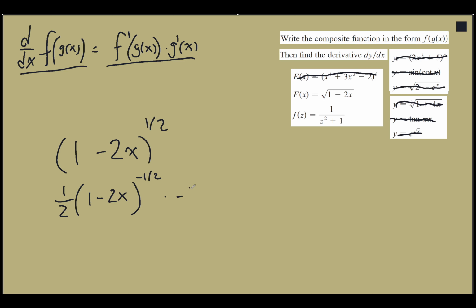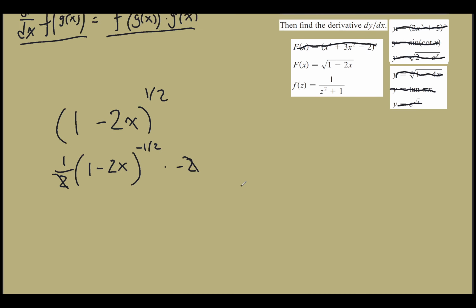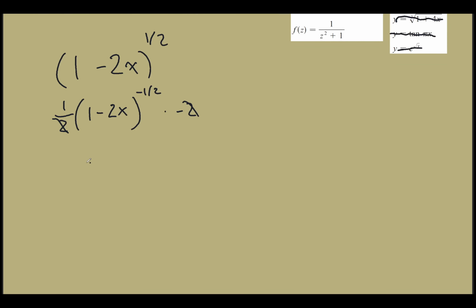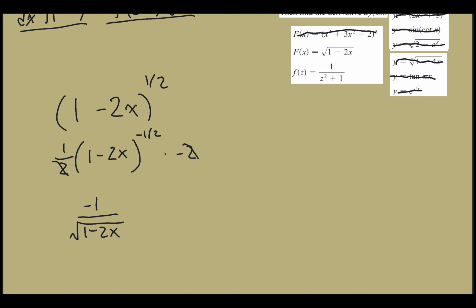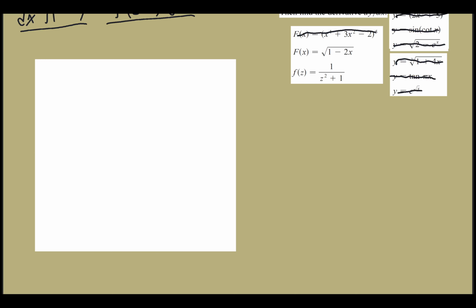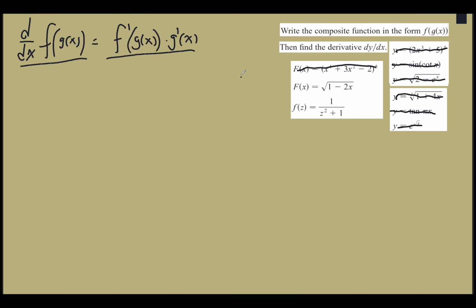That becomes minus 2. And these will cancel, won't they? I think they do. So we're going to get negative 1 over the square root of 1 minus 2x. That should be the answer for that one. You see how quickly you can whip through these and you just do a little basic algebraic notation.